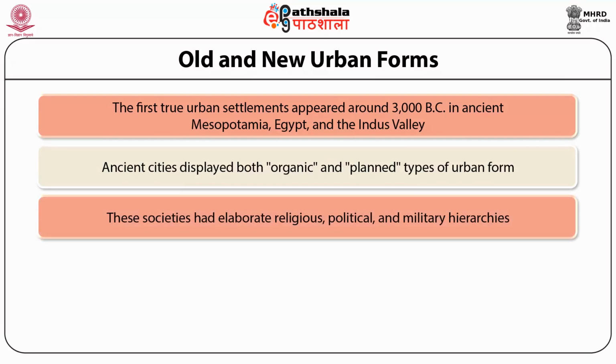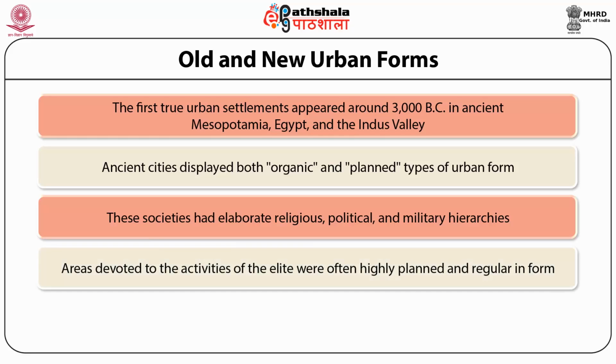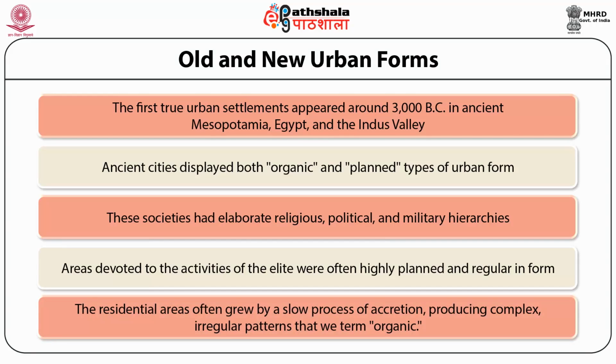These societies had elaborate religious, political, and military hierarchies. Areas devoted to the activities of the elite were often highly planned and regular in form. In contrast, residential areas often grew by a slow process of accretion, producing complex, irregular patterns that we term organic.